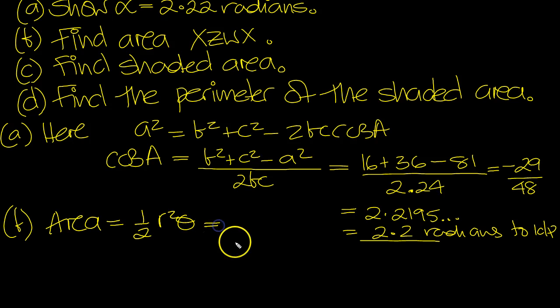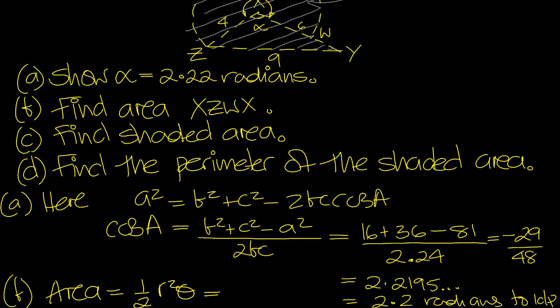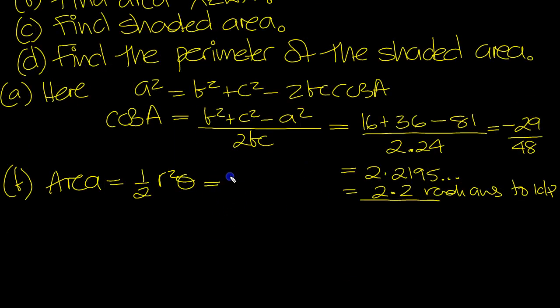We just got it from the general formula. So that's equal to a half times 4 squared times theta, which would be 2 pi minus 2.2.